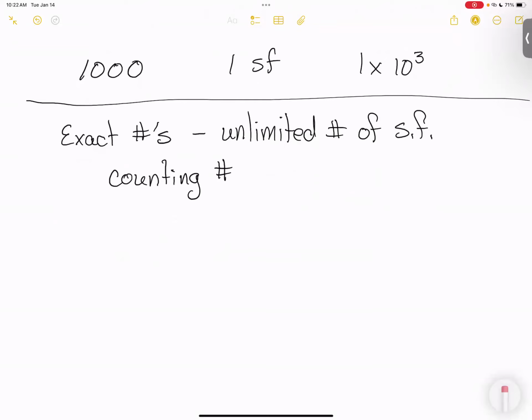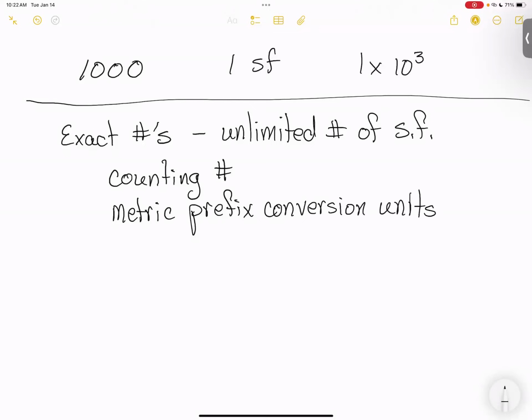Another exact number are metric prefix conversion units. Well, close.